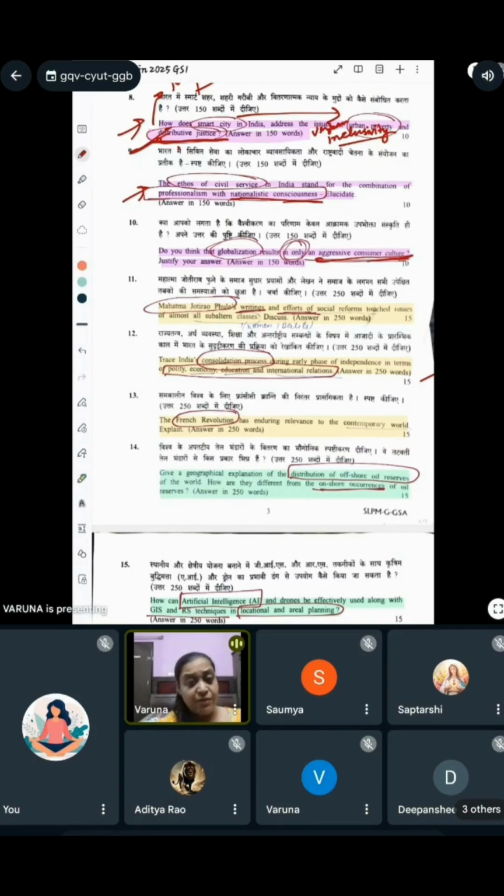Whenever we come across cross-paper or cross-dimensional questions, we have to think about which paper we are dealing with and what subjects are there. Then accordingly we have to answer.